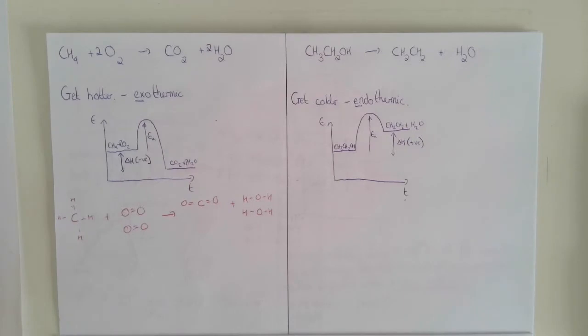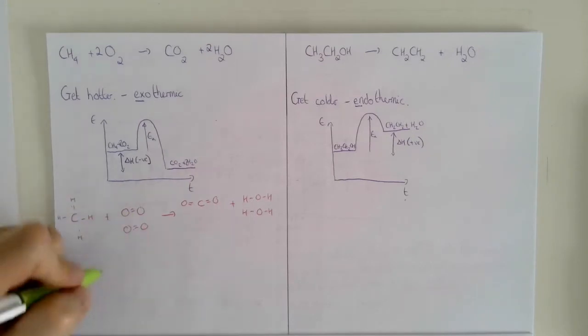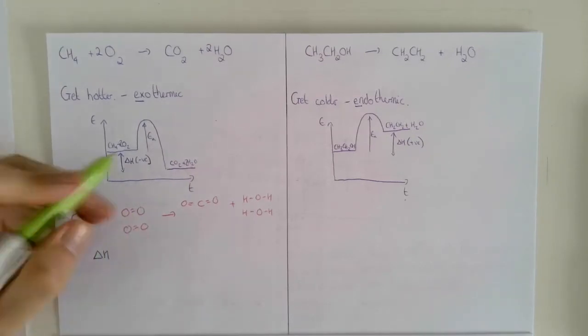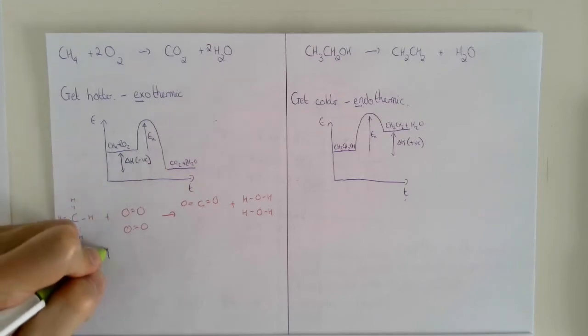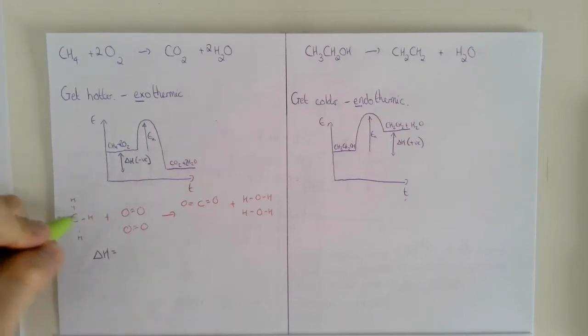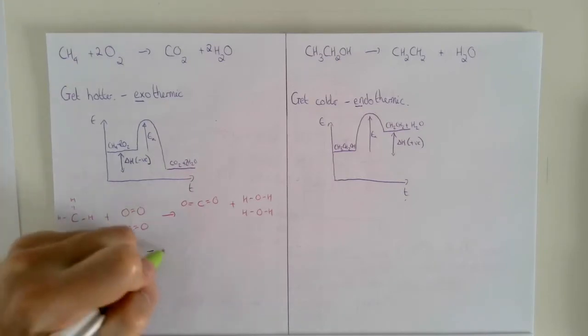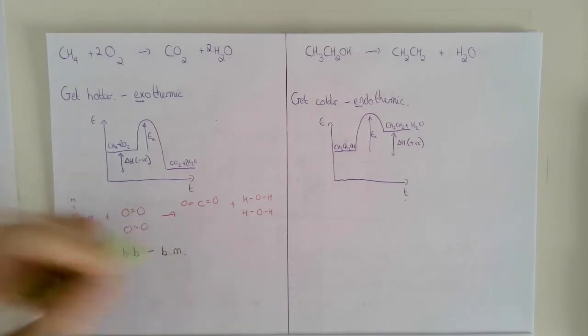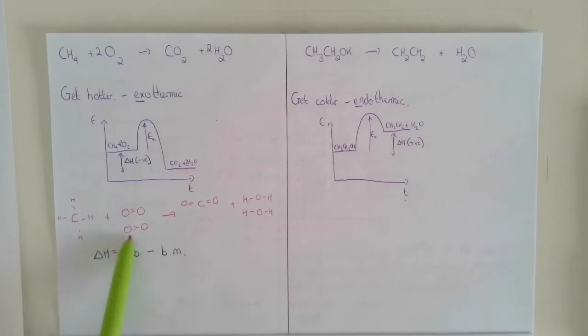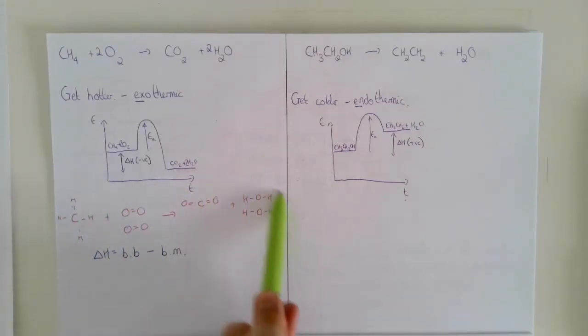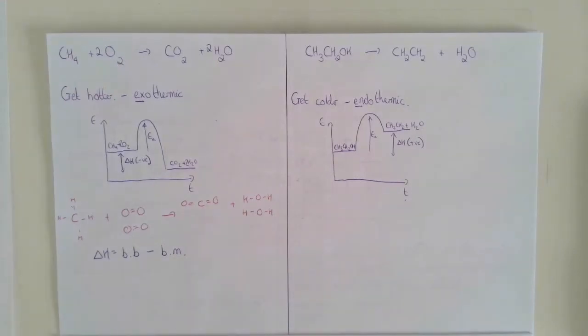So we can use that to work out delta H, so that energy gap there. So delta H is the bond breaking energy minus the bond making energy. So if we can work out how much energy we need to break all the bonds over here and how much energy is released when we make all the bonds over here, we will find out what delta H is.